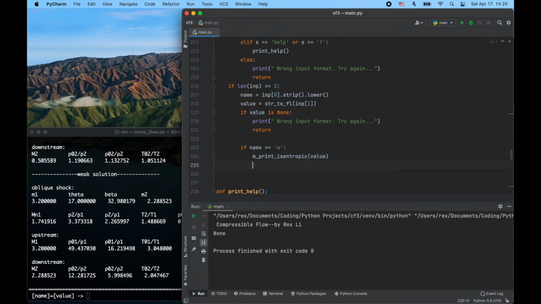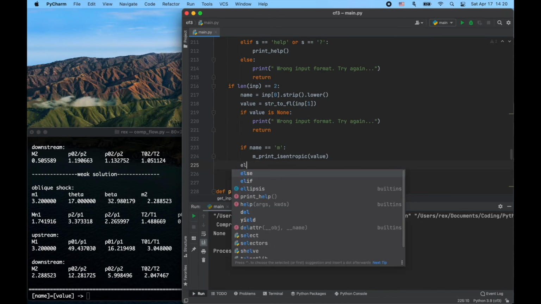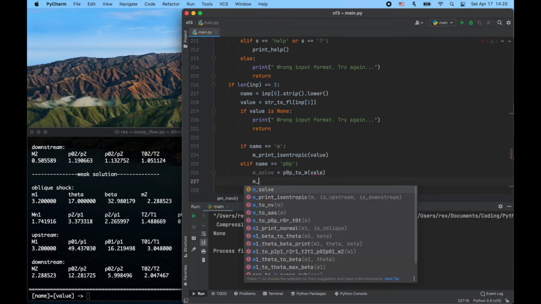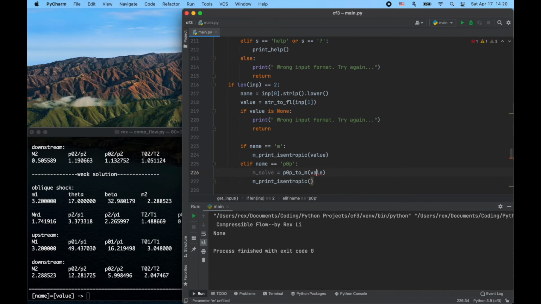We will first solve the Mach number to be P0/P to M with value, and then we print out that and solve. Similarly, we have name is rho0/rho, and this is going to be the same.